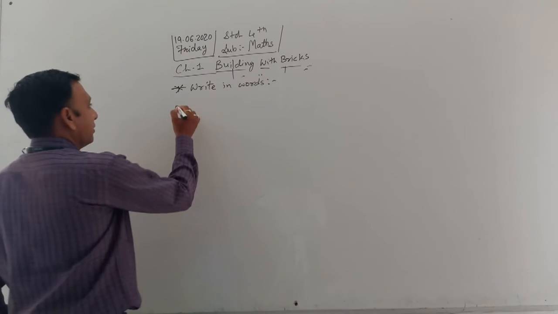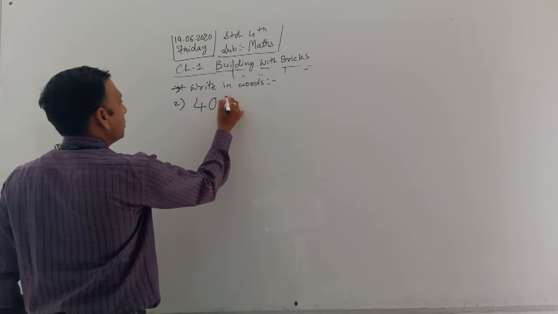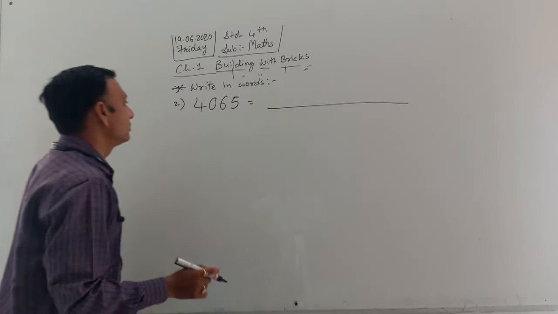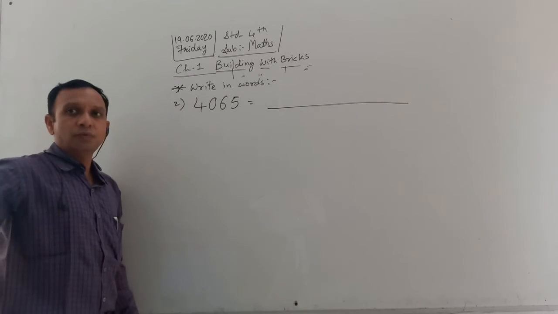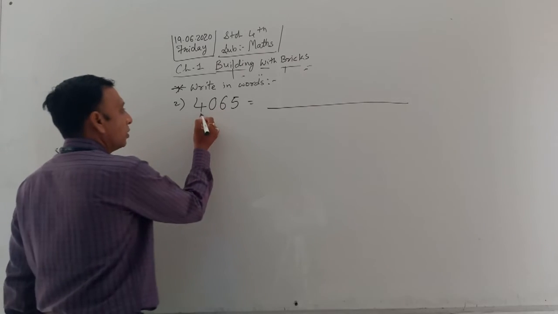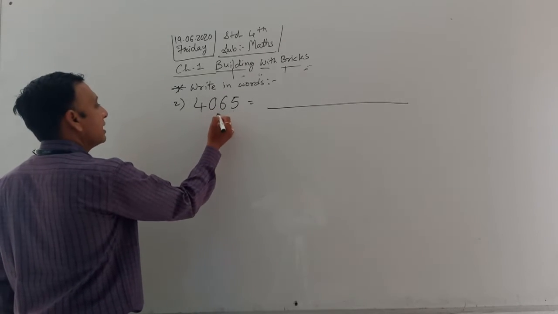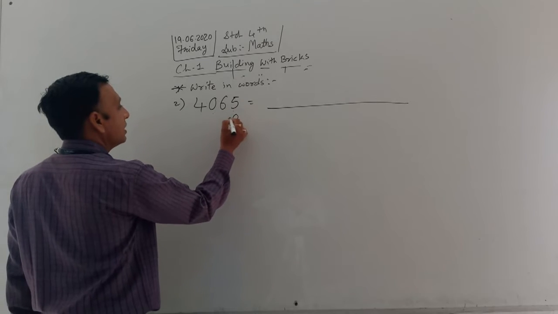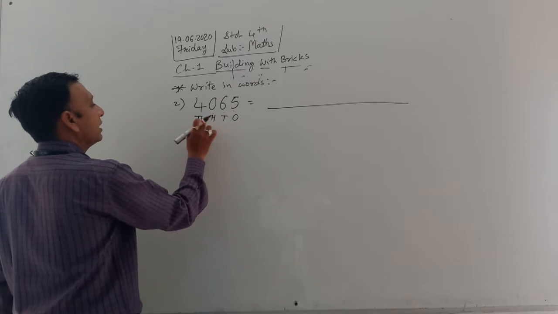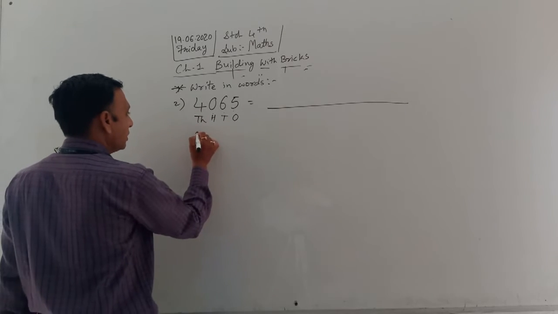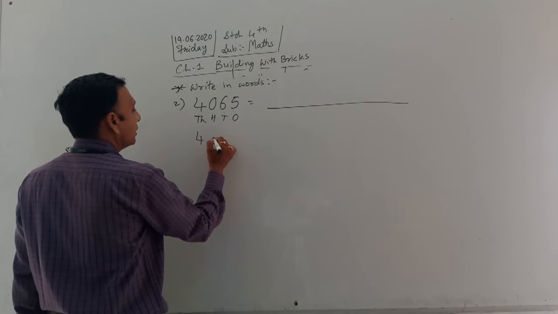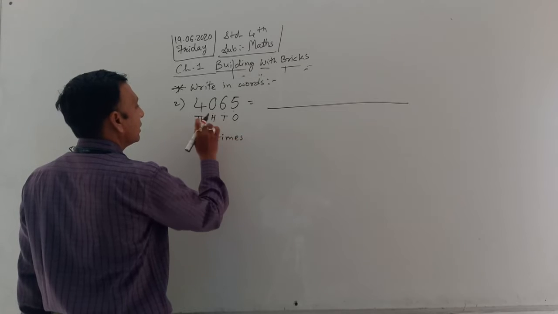Now another example: 4,065. Now how to write in words? Here also there are 4 digits: 1, 2, 3 and 4. So the places are ones, tens, hundreds and thousands. 4 is at the thousands place.